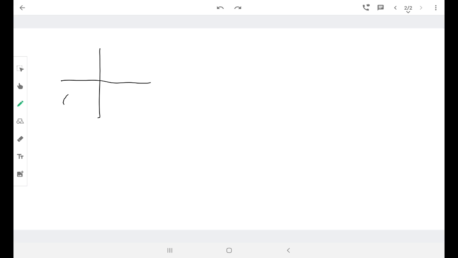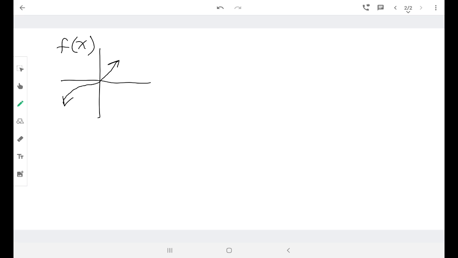Let's say this function looks like that, so that it goes through the origin. The origin is the center of the graph. And let me call this function f of x. I don't know what the equation for it is, and we're not going to worry about what the equation is.